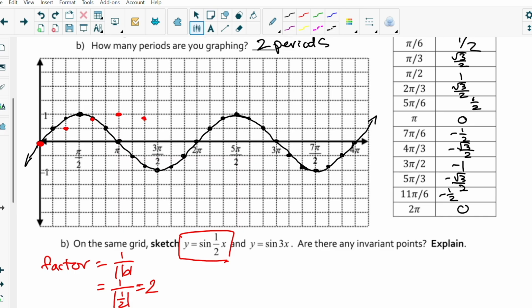This one is multiplied by 2, so it will be over here. And then this one is multiplied by 2, so pi becomes 2 pi. So you'll see the first half. Okay, and then so on.